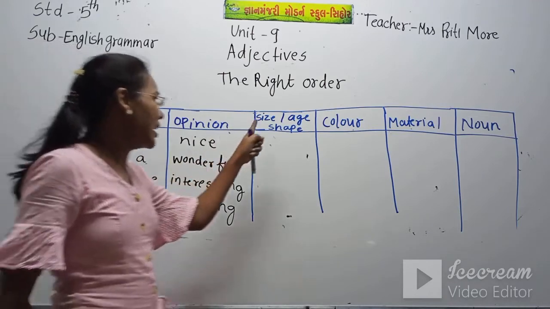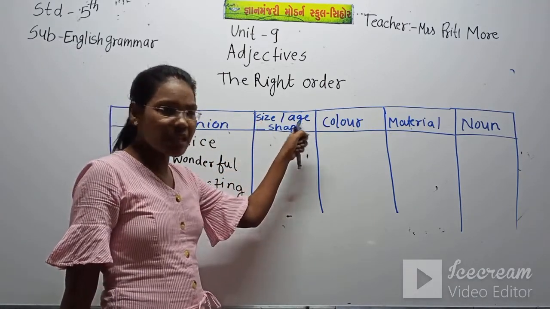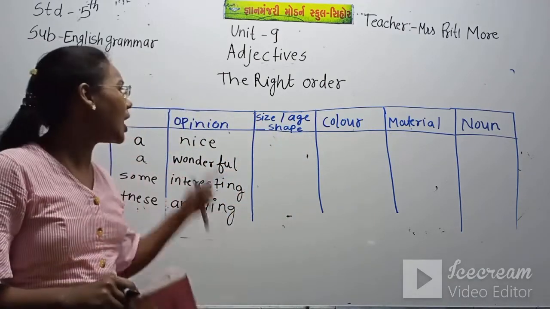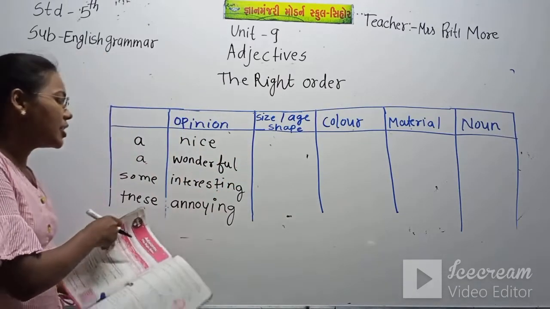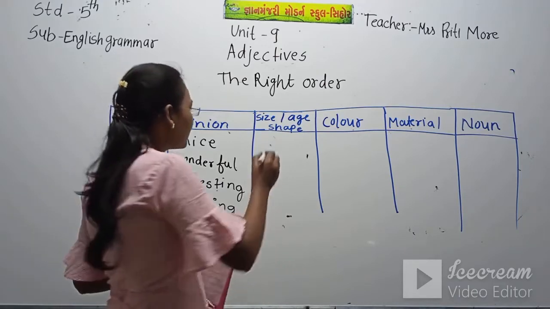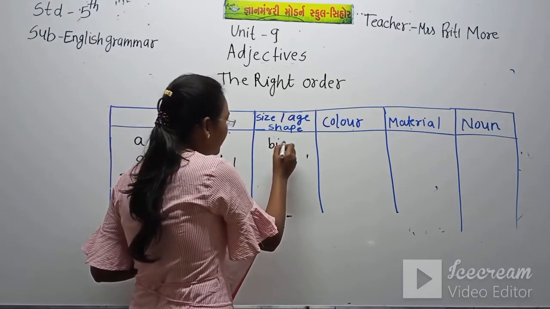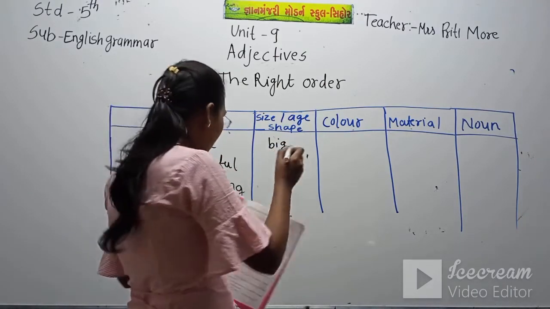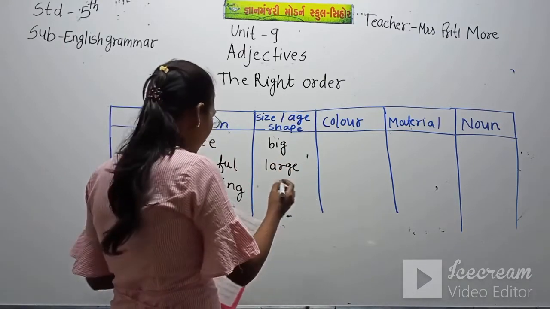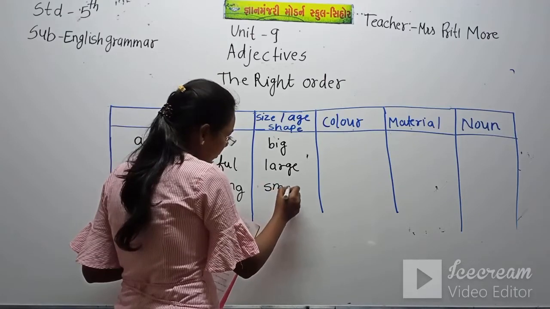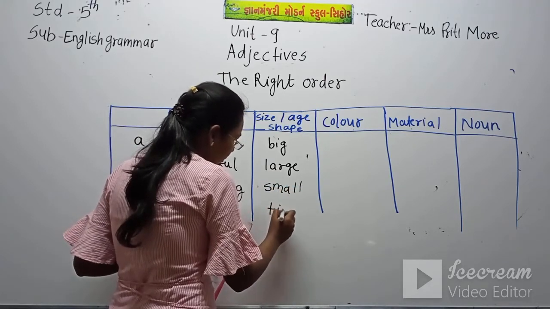Now, if size, age or shape is mentioned, then after opinion we have to write the size, age or shape. So what will come there? Big, large, small, tiny.